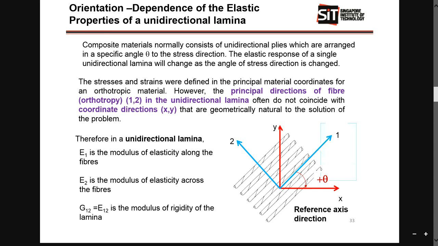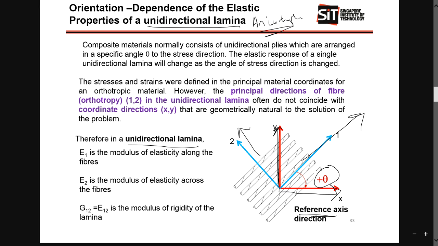This allows us to start the unidirectional lamina, or anisotropic lamina. In other words, it is strong only in a certain direction, and in this other direction it is the weakest. For a unidirectional lamina at a certain angle, this is your so-called system plane, your reference axes x and y.